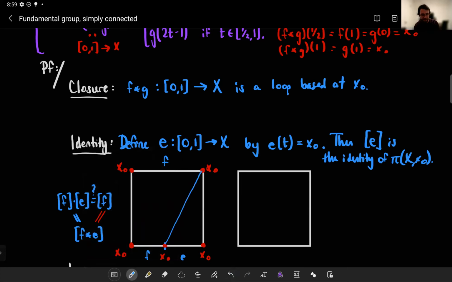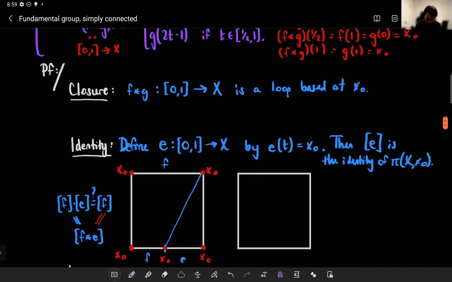It's just by doing this. Okay, what on earth do I mean by this? Well, what I mean by this is that at time 0, what I'm doing is this. At time 0, I'm doing F concatenate E, right?